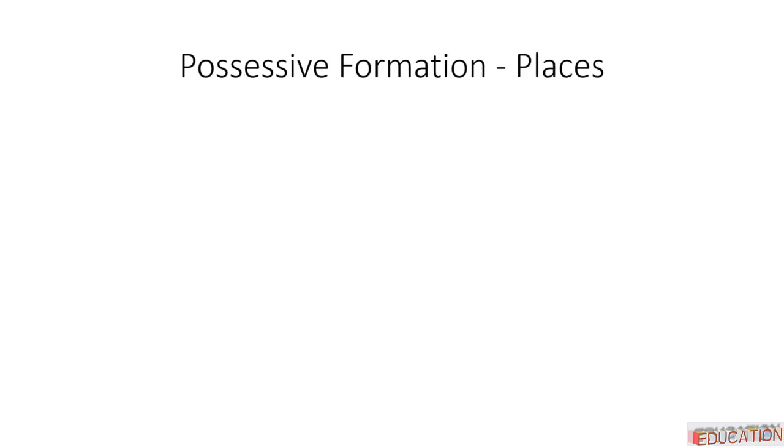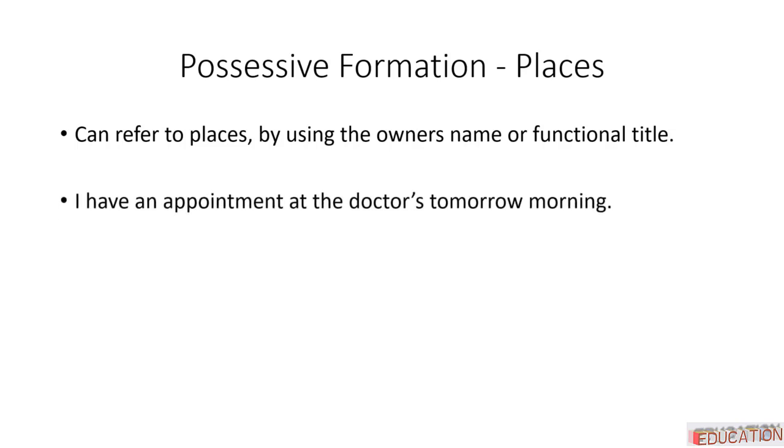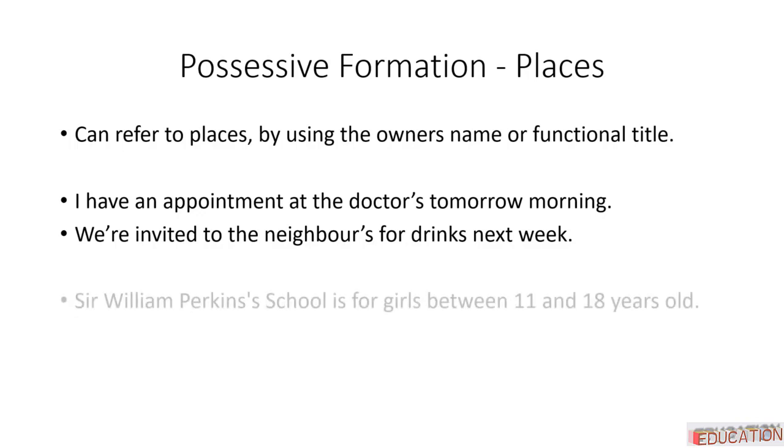And we also use possessive formation to talk about places by using the owner's name or functional title. For example, I have an appointment at the doctor's tomorrow, and the doctor's here is used as a functional title. We're invited to the neighbours' for drinks next week. Similar to the other example.